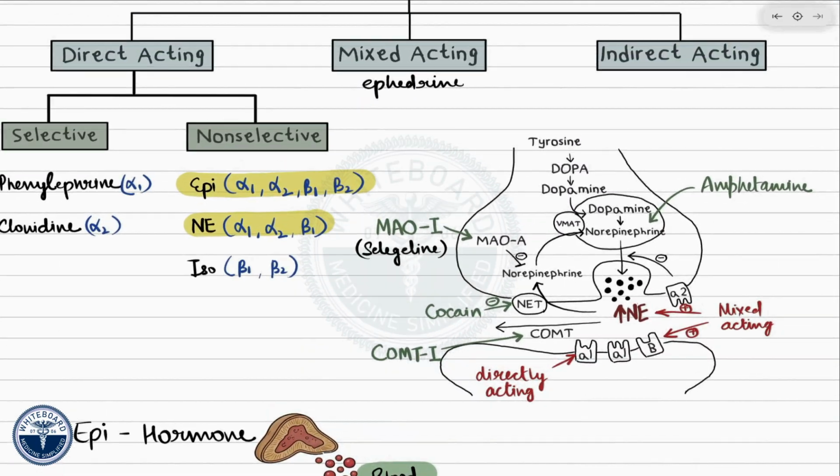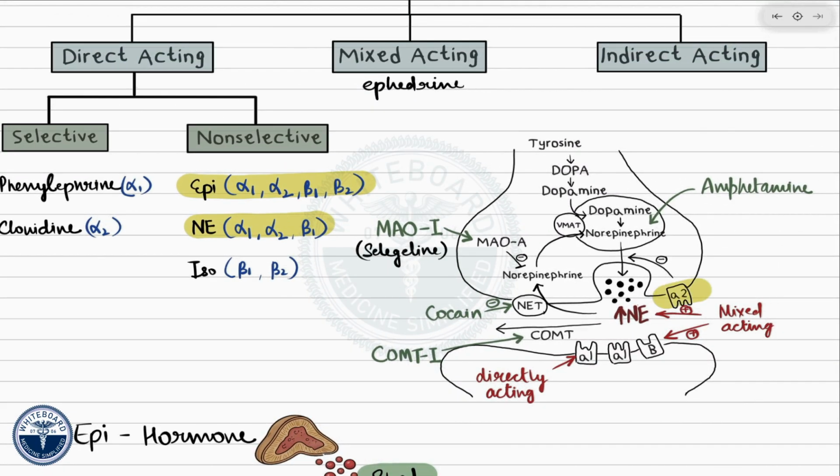Because alpha-2 receptors are primarily located on presynaptic nerve terminals, whereas alpha-1 and beta-1 receptors are located directly on the target tissues. For example, alpha-1 receptors are found on vascular smooth muscle, while beta-1 receptors are found in the heart.